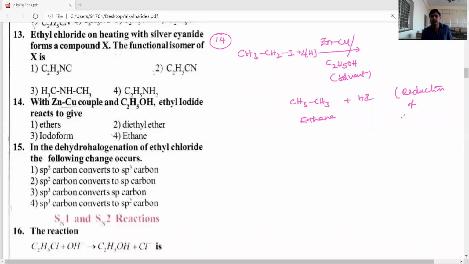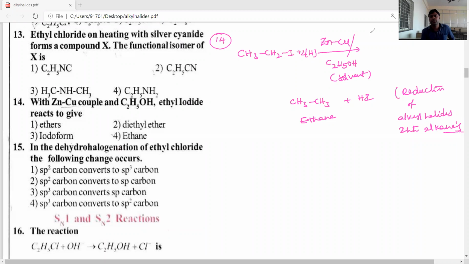Reduction of alkyl halides into alkanes. So the main important reducing agent is zinc copper couple in the presence of ethyl alcohol solvent.